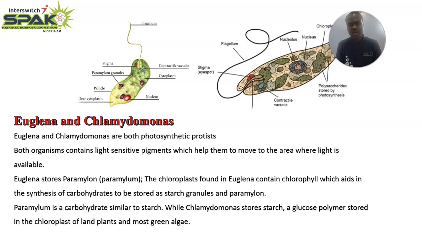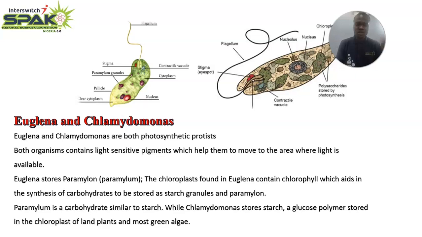Okay, I said glucan is a polysaccharide. Both of them store carbohydrate. Both of them have chloroplasts that contain chlorophyll, and both store polysaccharide as their food reserve. But in the case of Euglena, they store paramylon, a polysaccharide made up of glucose units linked together by beta-1,3 glycosidic linkage.